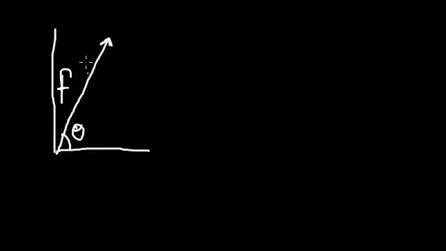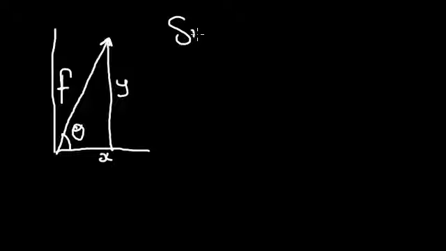Perfect. Now if I draw a line joining this point this way, as you can see, these and these are parallel, so they are of the same magnitude. Now let it be y, let it be x. Notice that we can definitely find y and x using some of the trig functions.